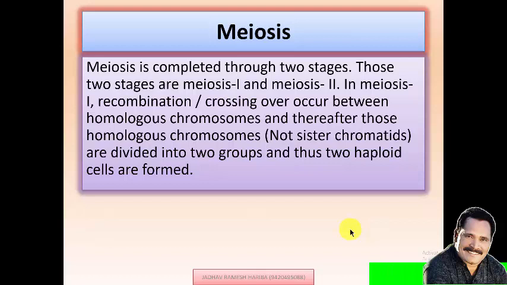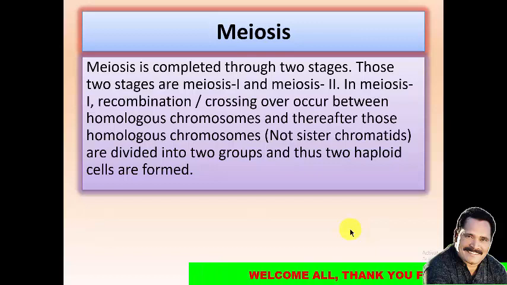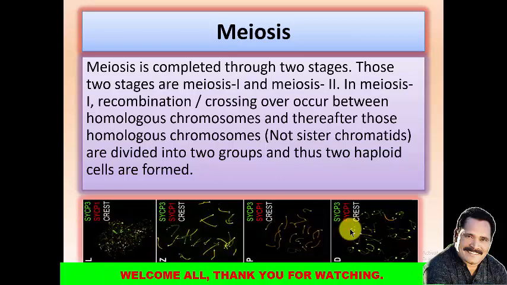Thereafter these homologous chromosomes, which are not sister chromatids, get divided into 2 groups, and thus 2 haploid cells are formed. In this way, these 2 haploid cells again enter into meiosis second.